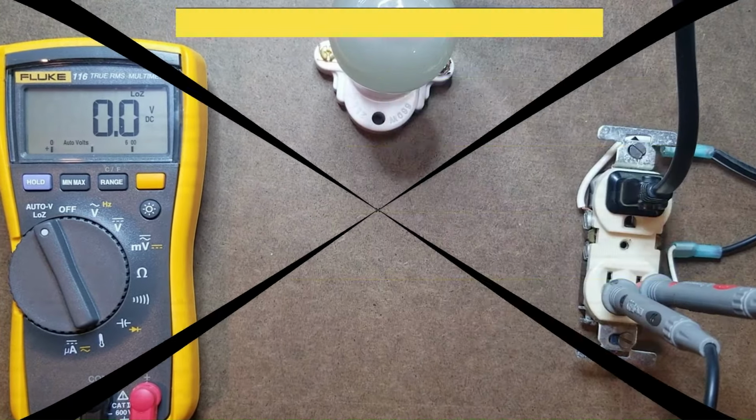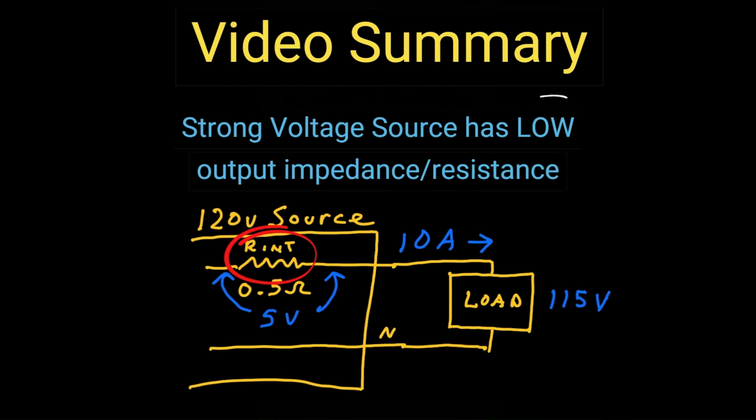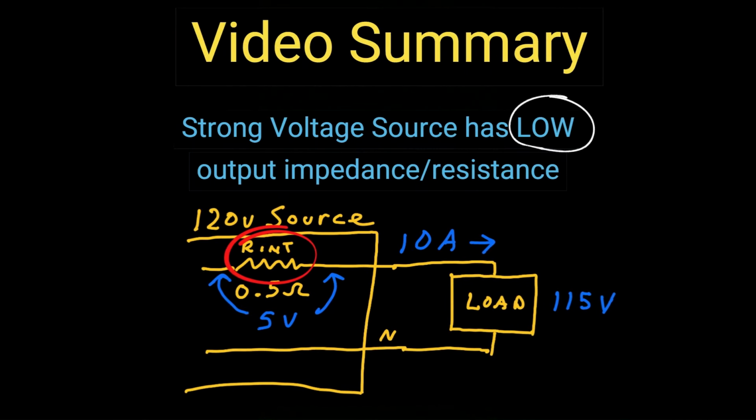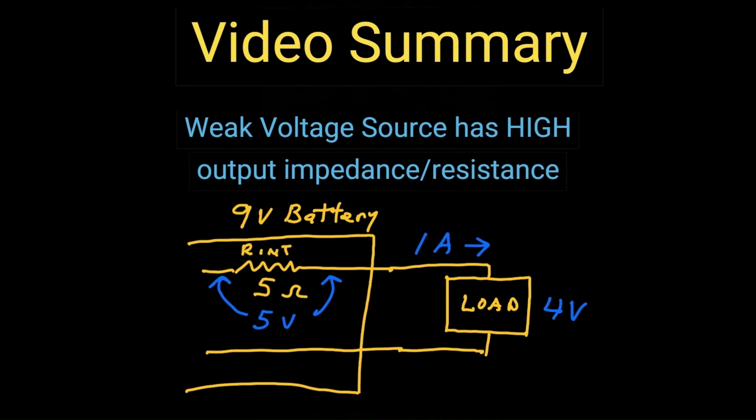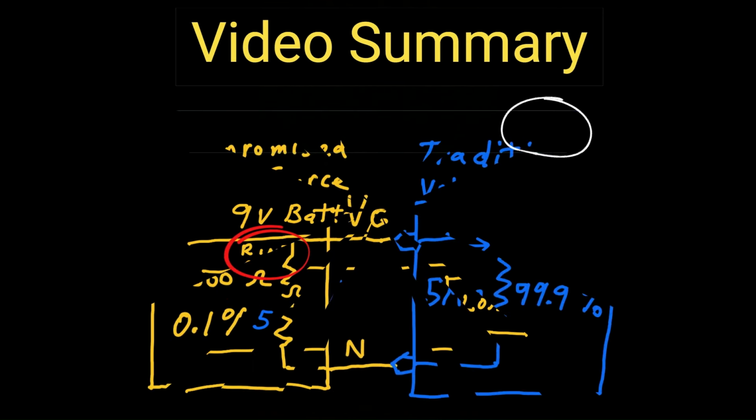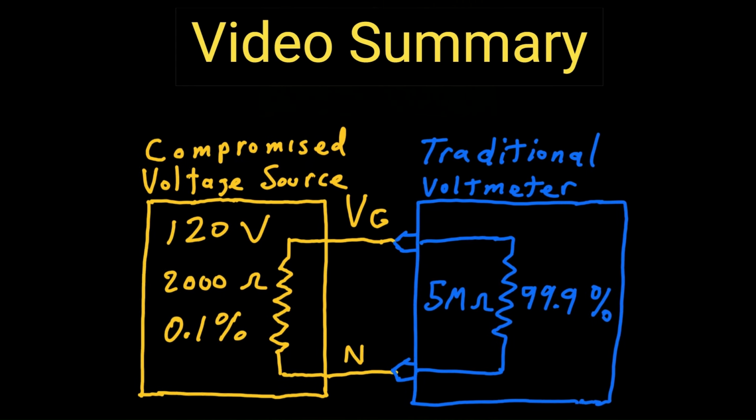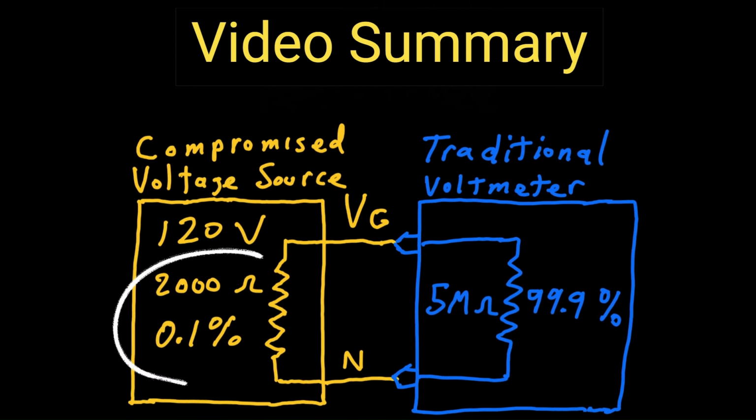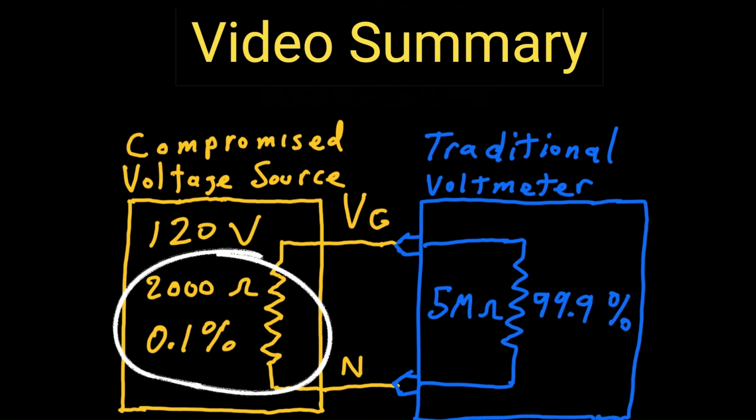In this video, we learned the difference between a strong and a weak voltage source, and that the internal or output resistance, or impedance, is what determines the strength of that source. We also learned what a compromised voltage source is, and that upstream loose connections are one of the most common reasons for them.